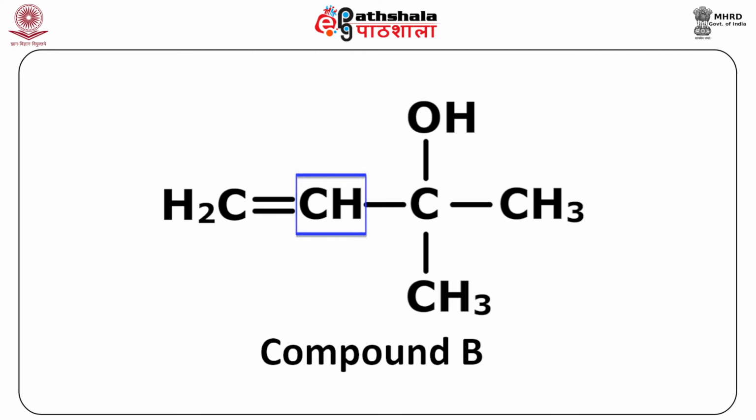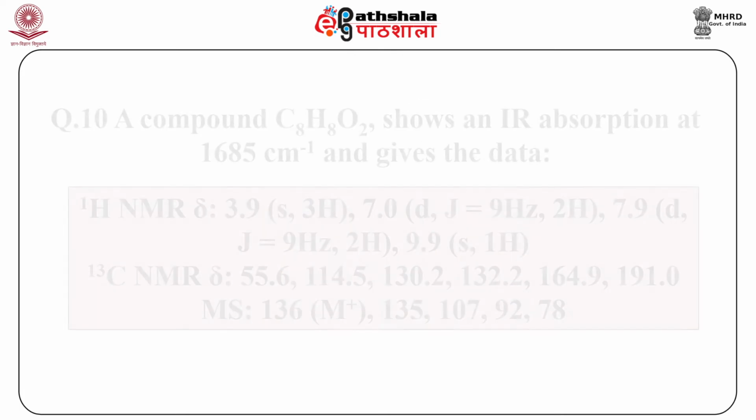This is very specific for alkenic hydrogens. Therefore, we can assume the structure to be CH2=CH, COH and 2 methyls. Hence, the spectroscopic data are very conveniently able to elucidate the structure of the two compounds with the given molecular formulas.